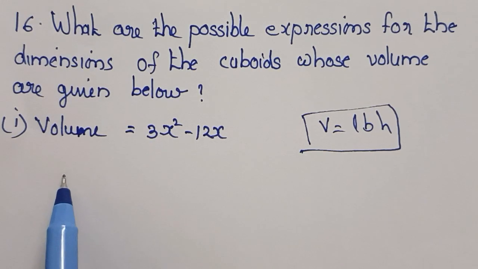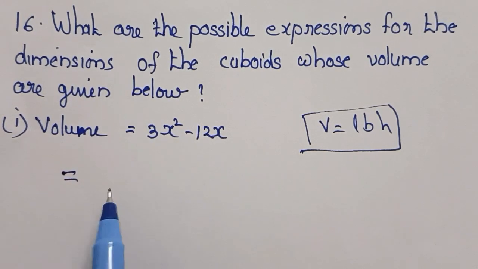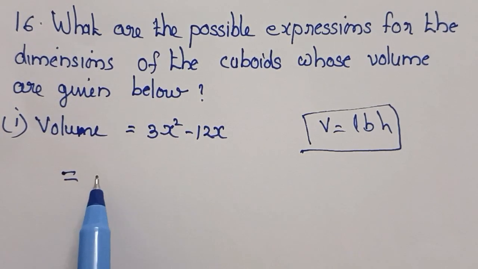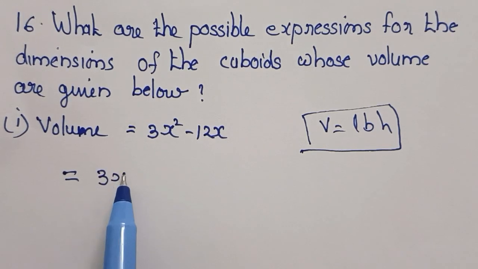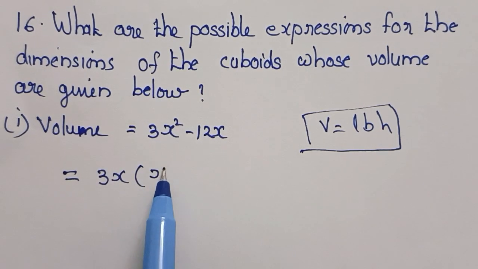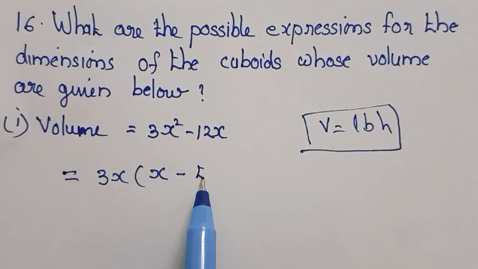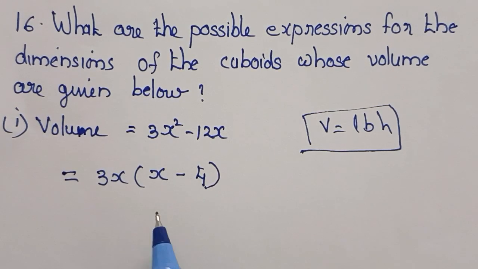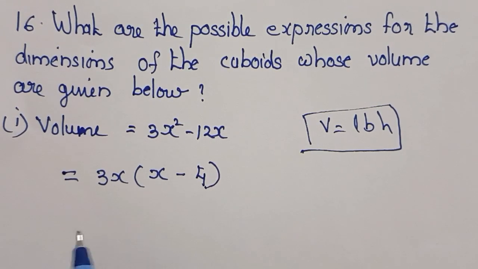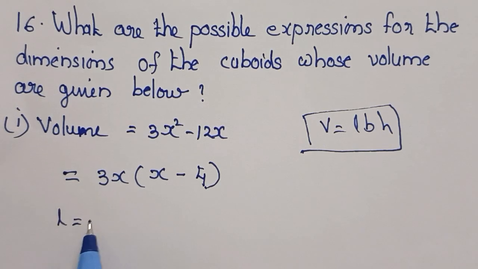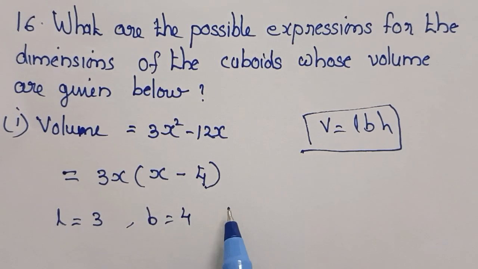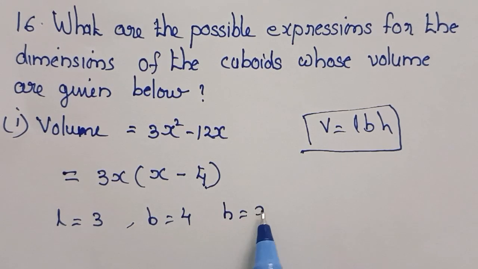For that, volume is equal to 3x square minus 12x. By taking 3x outside, first remaining x minus second remaining 4. 3x into x minus 4. Therefore, we can write length equal to 3, breadth equal to x, and height equal to x minus 4.